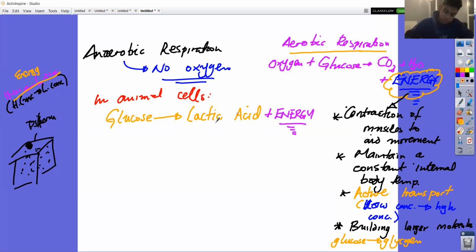So after you have an oxygen debt, we have an oxygen debt repayment after vigorous exercise.